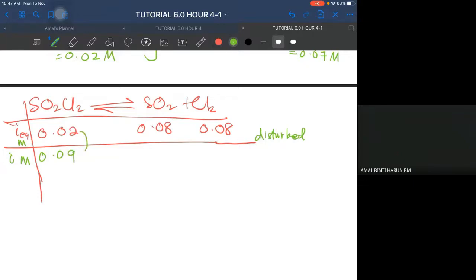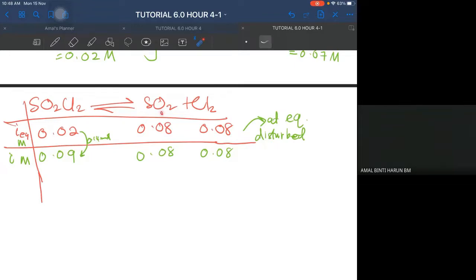Okay, ini. So ini tak bertambah. Okay. So initially it is at equilibrium. Tapi setelah bertambahnya 0.14 mol ni, concentration SO2Cl2 menjadi 0.09 molar.